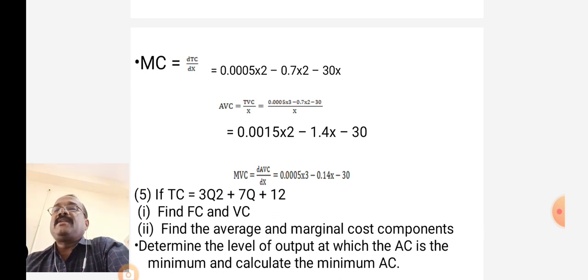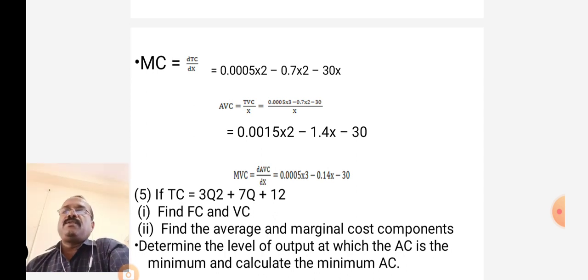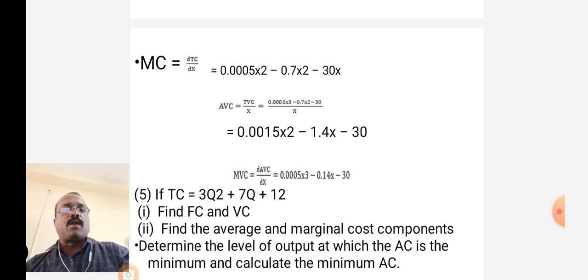When you consider the AVC, that is average variable cost, equals TVC divided by x, equals 0.0005x³ minus 0.7x² minus 30x whole divided by x, where 0.0005x² minus 0.7x minus 30 is the AVC, that is average variable cost.